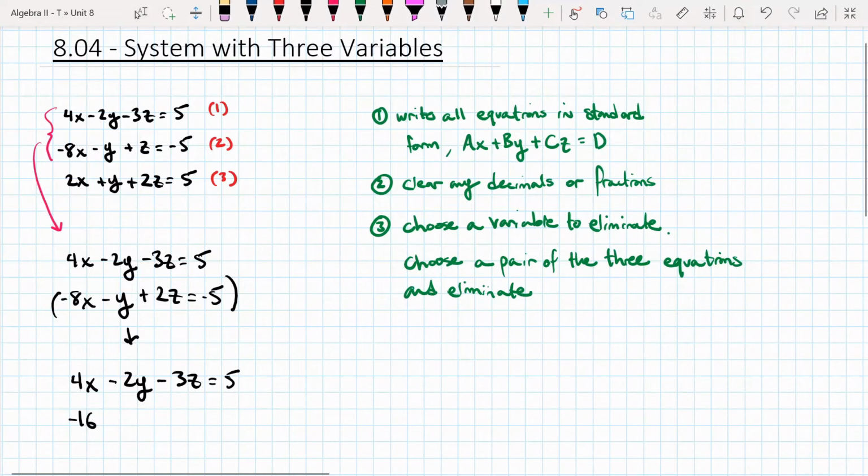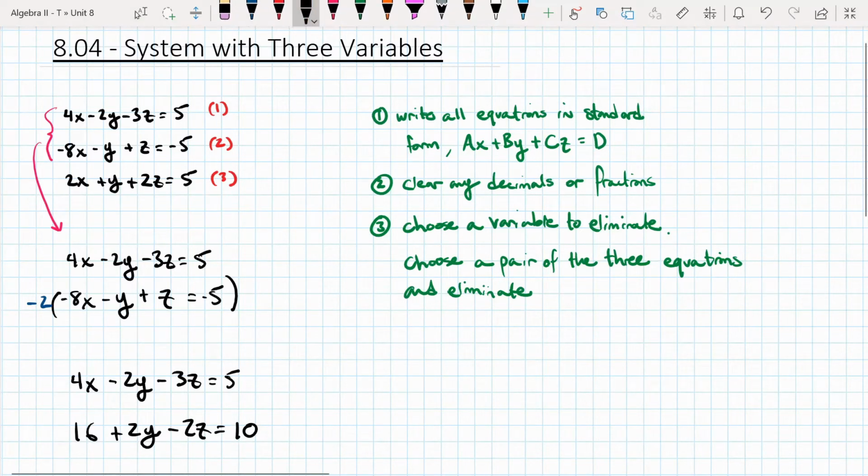So this becomes positive 16x, sorry about that, positive 16x, plus 2y, minus 4 (it looks like I wrote this wrong, again, sorry about that), plus z. So this becomes minus 2z equals positive 10.